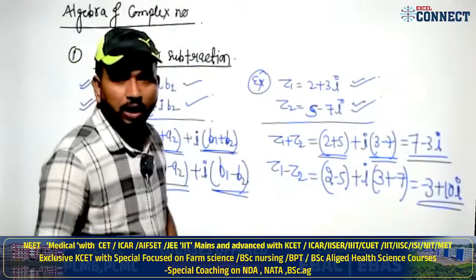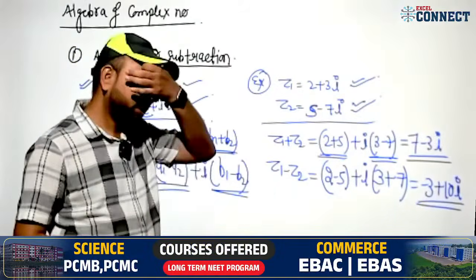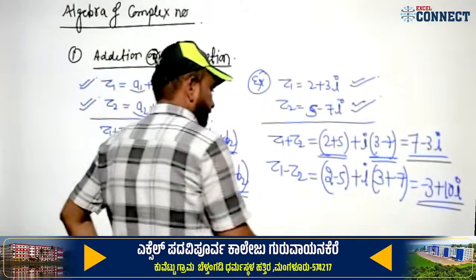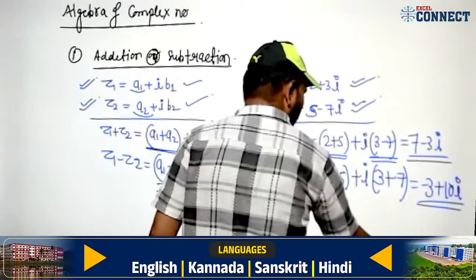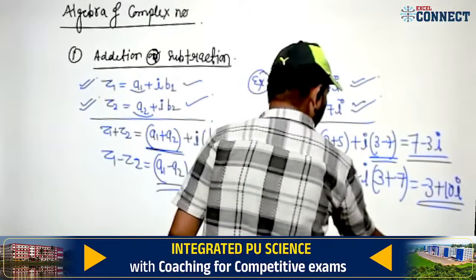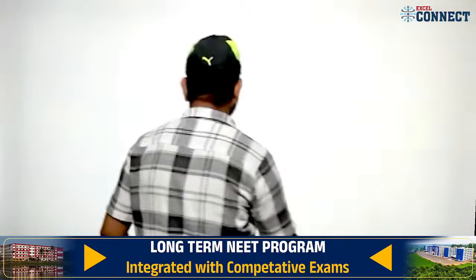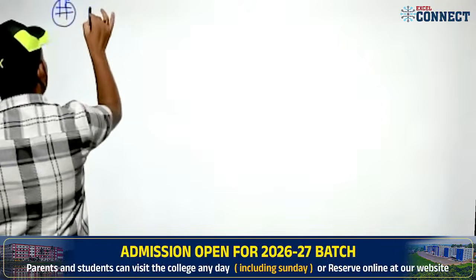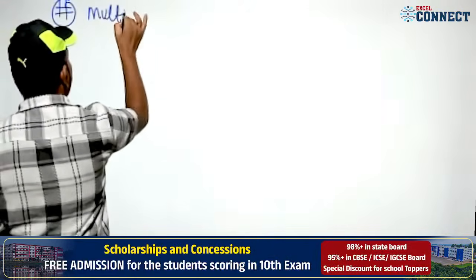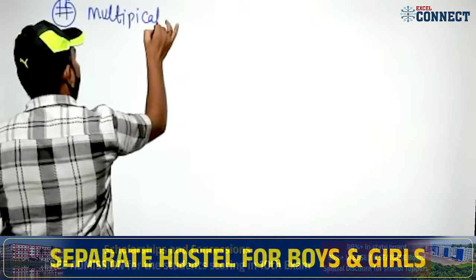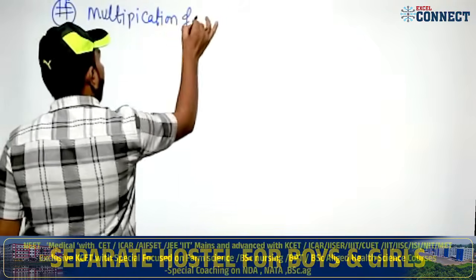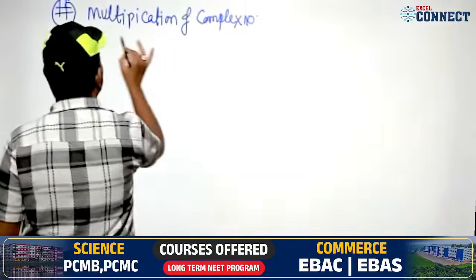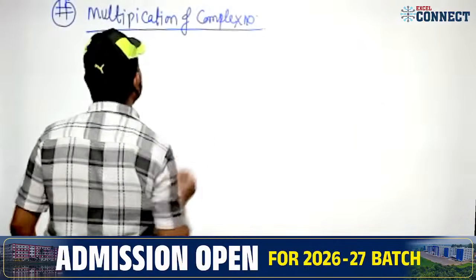Now if you understand, I will move to multiplication of complex numbers. So next is our multiplication of complex numbers. Multiplication of complex numbers means simple.